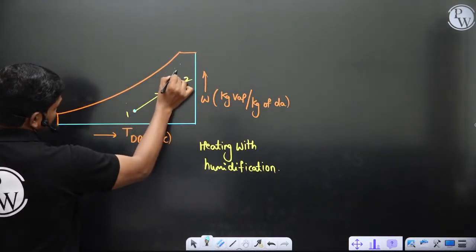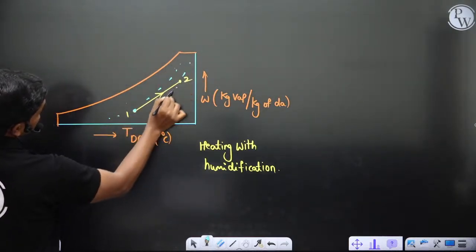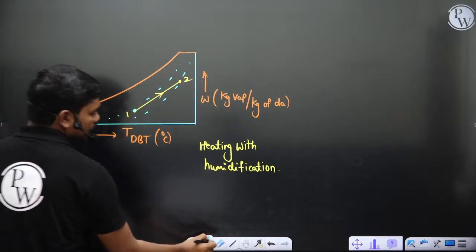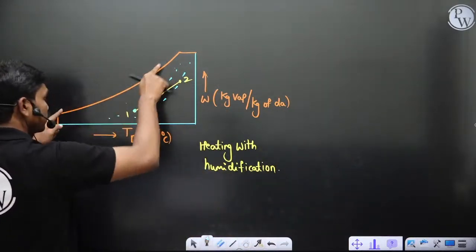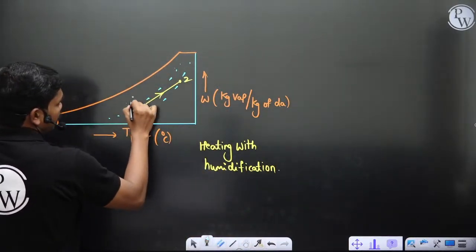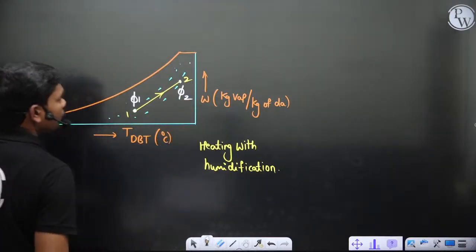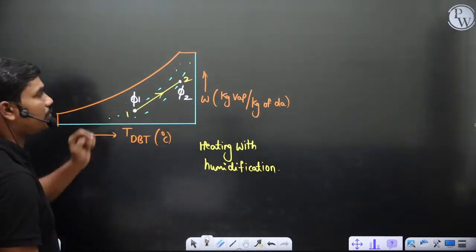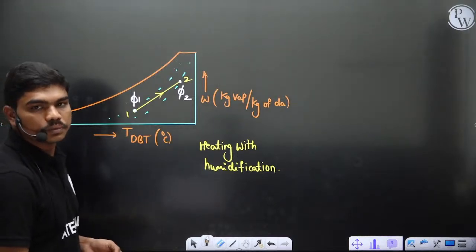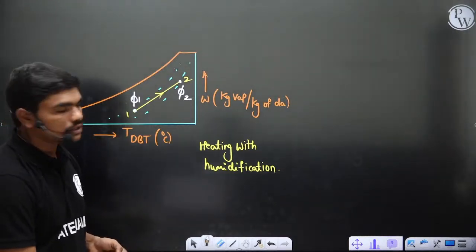If you take the lines of constant phi like this, then clearly you can understand. If you draw lines which are parallel to this, and this is your phi 1 initially, and this is your phi 2, then clearly phi 2 will be greater than phi 1. Correct? Yes or no? Please type in the chat box. Can you understand this?